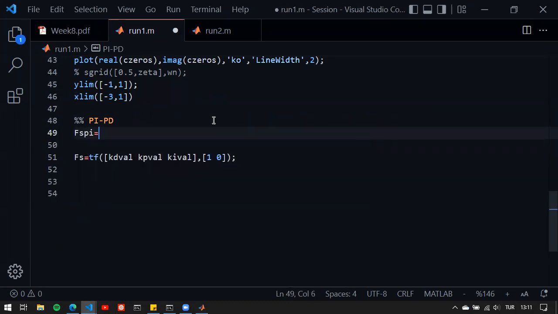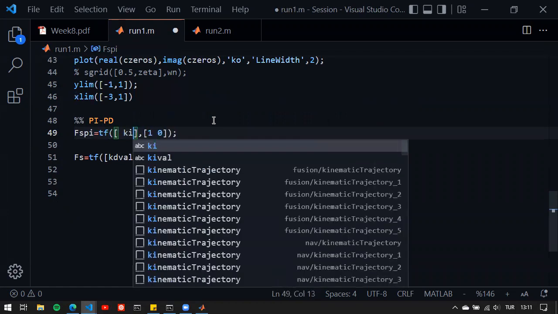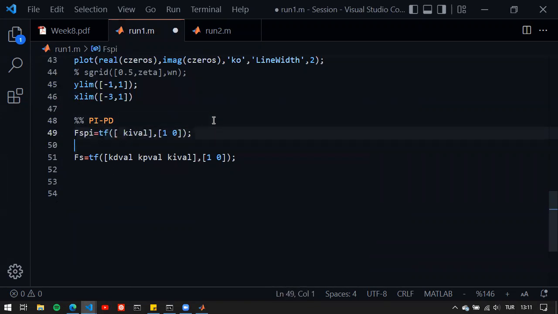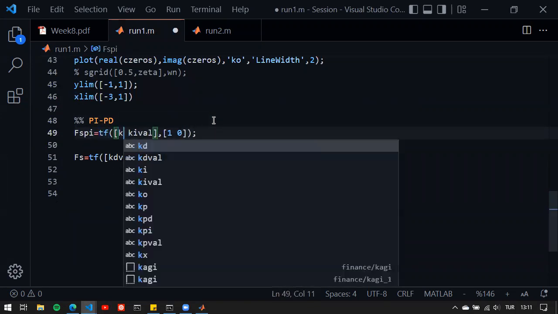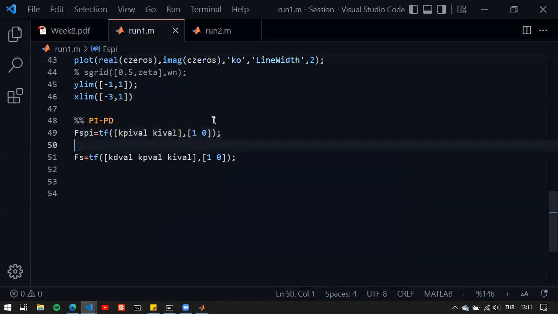So now, if I want to define the PI controller, I know that we will have a pole at the origin. So yeah, KI is already KI val, but what should be KPI val? Because once I've defined that, I will define FSPD here, and it will look like this.